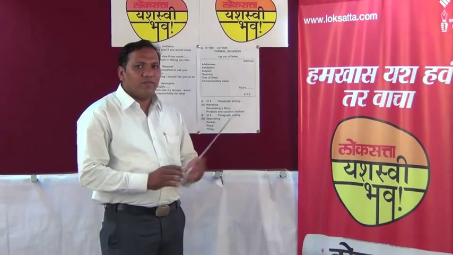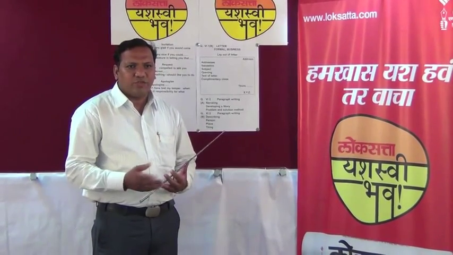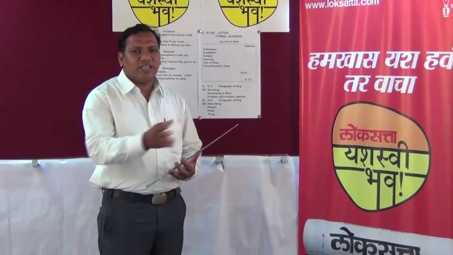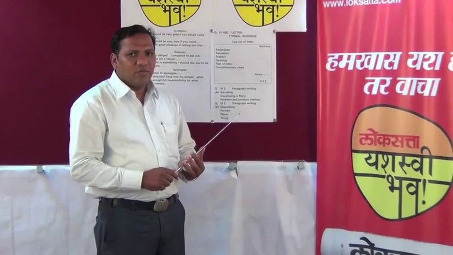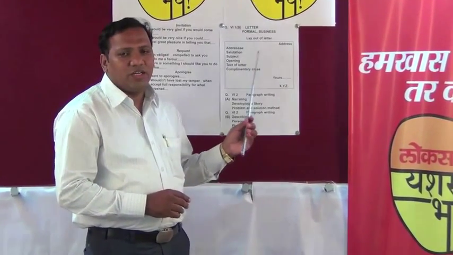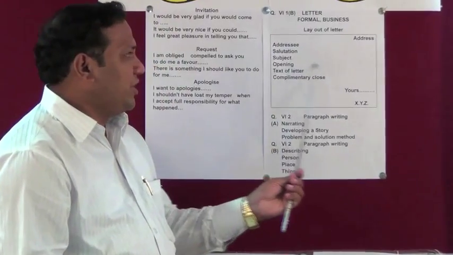For example, if you have a problem about a broken pipeline, maybe a water pipeline, drainage pipeline, or any gutter that is passing by your society, at that time you may mention that please repair the pipeline. Like this you may mention it in the subject.